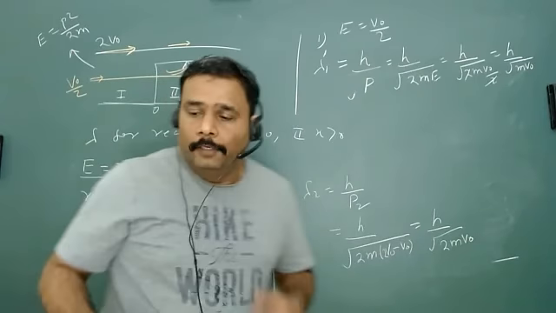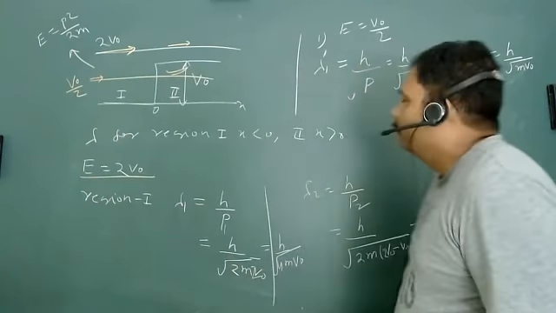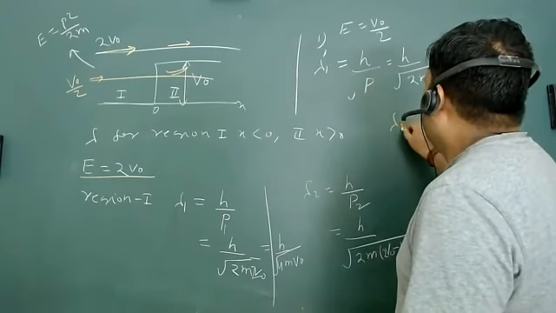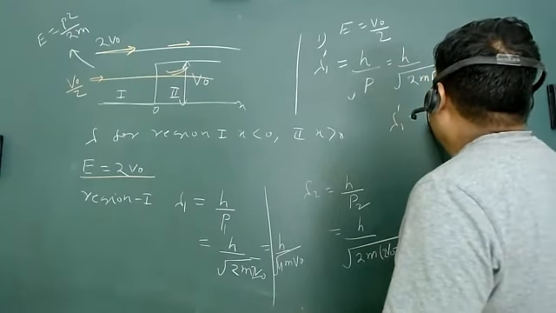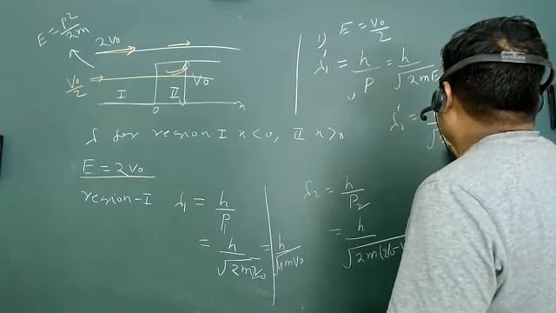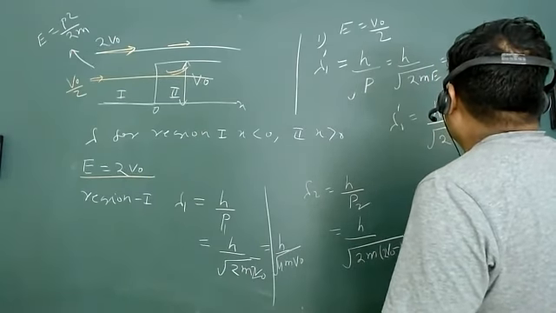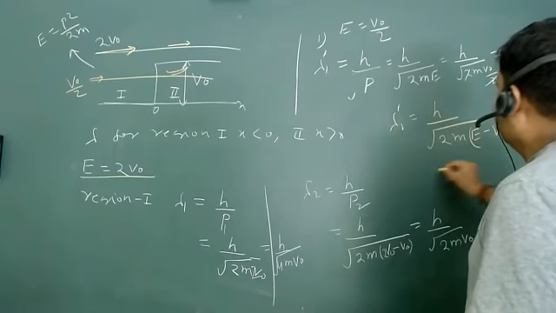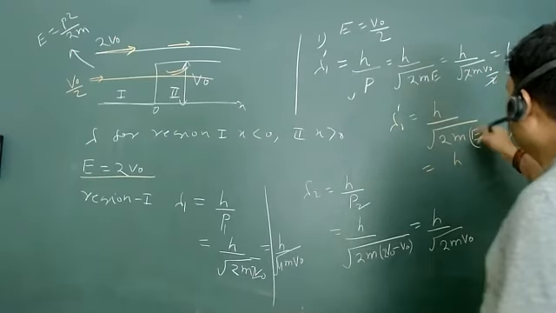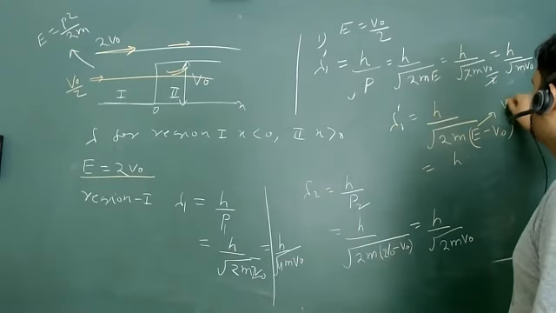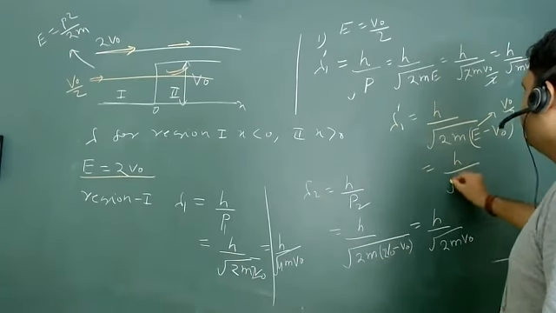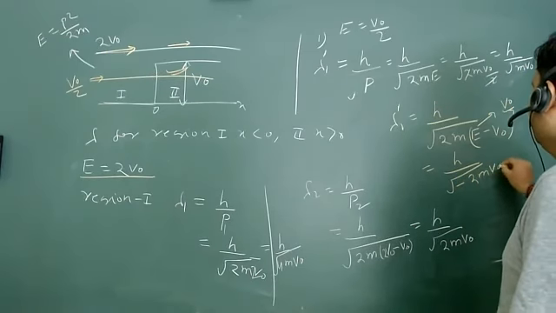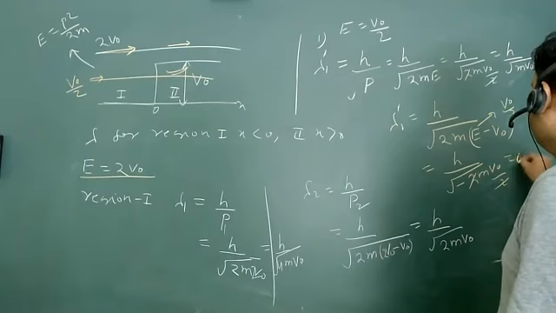If we look at this particular region, then you can find lambda 2 dash is equal to h upon root under 2m into E minus v naught. And what is E here? E is basically v naught by 2, and you will get 2m into minus v naught by 2, and this is imaginary.